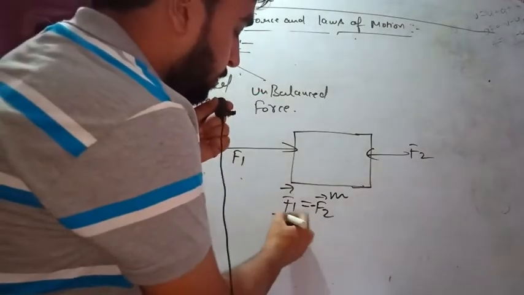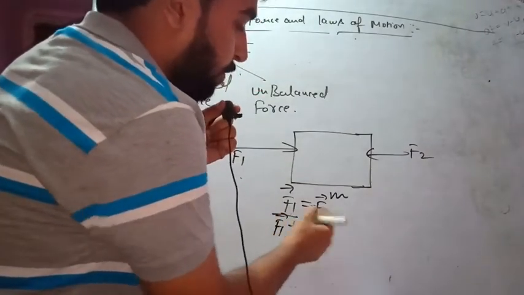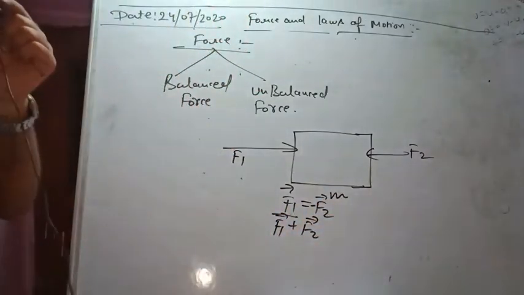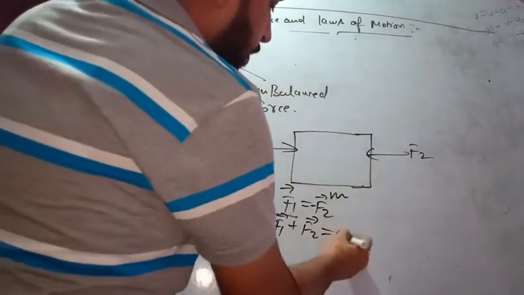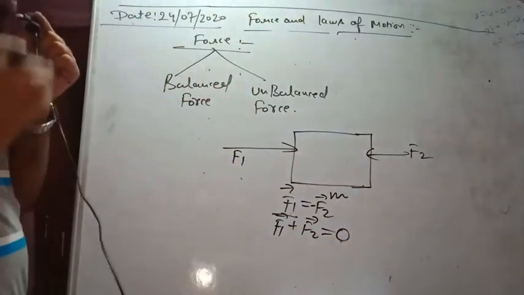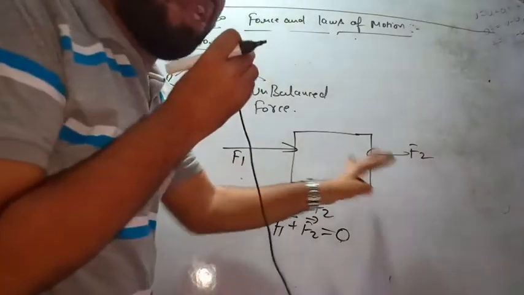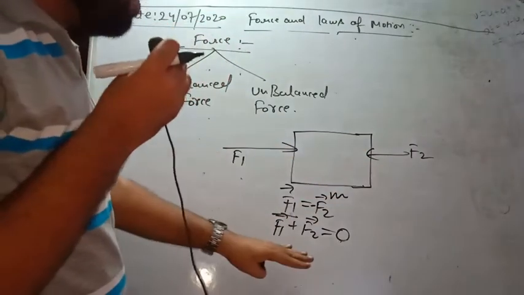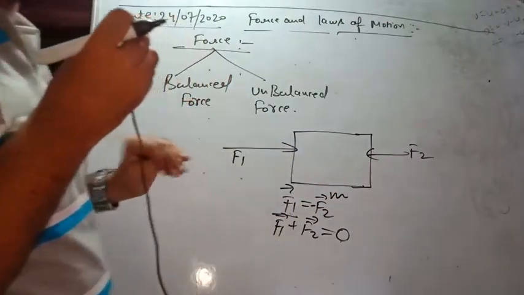So what is the sum of F1 and F2? If this minus F2 comes to the other side, it becomes plus F2, and F1 plus F2 here is 0. So we find that the resultant of F1 and F2 is 0. So the block will no longer move here.